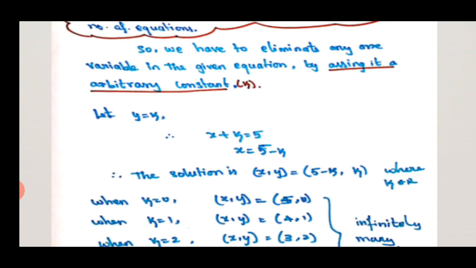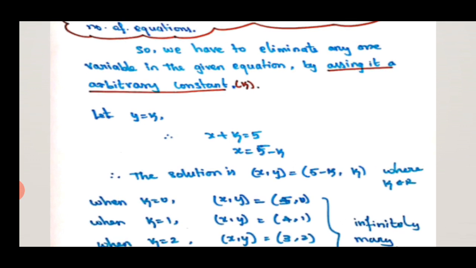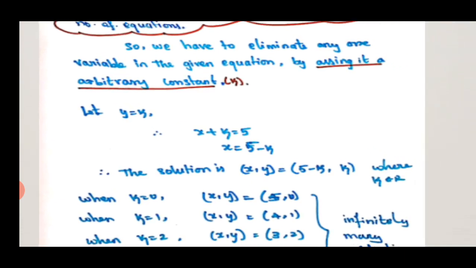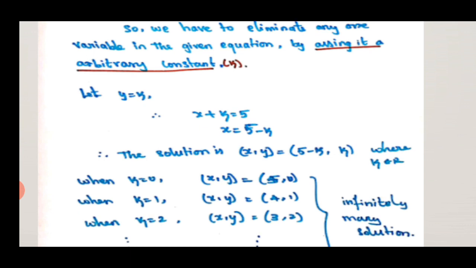Now we got the x value. What is the x value? 5 minus k. And what is the y value? k. Together we can write the solution: x comma y is equal to 5 minus k comma k. Here k is a real number, it can be any constant.